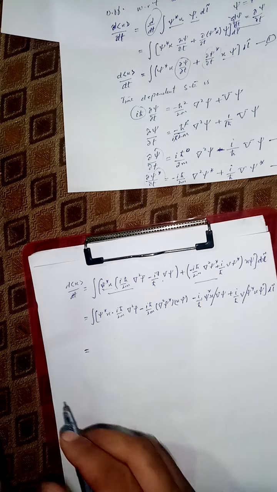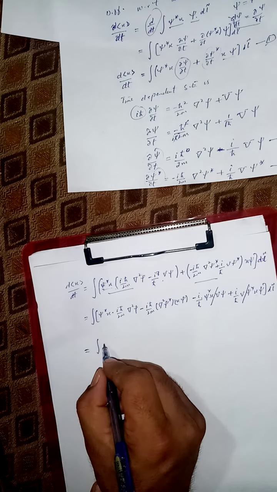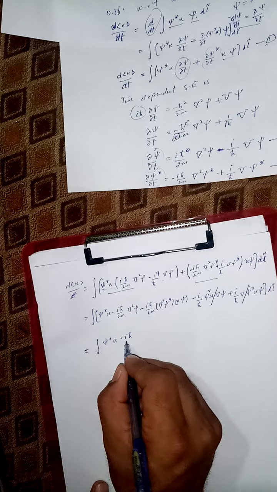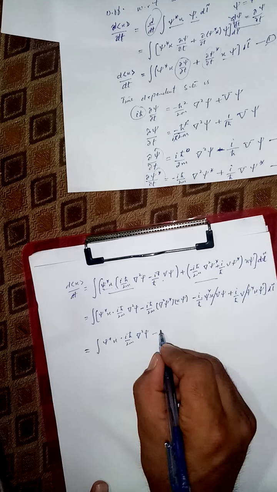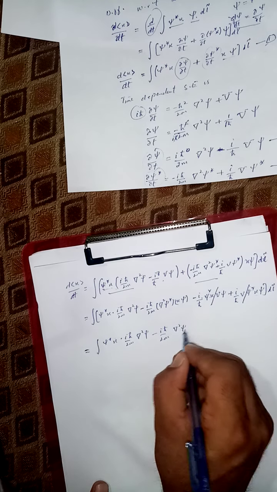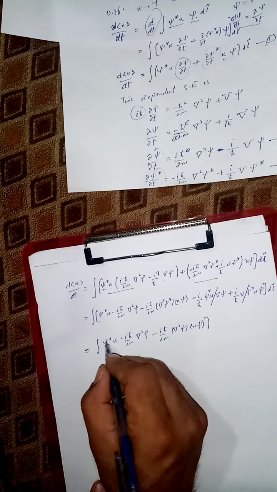which is the integral of ψ* x iħ over 2m ∇²ψ minus iħ over 2m ∇²ψ* into xψ, and we have dτ.